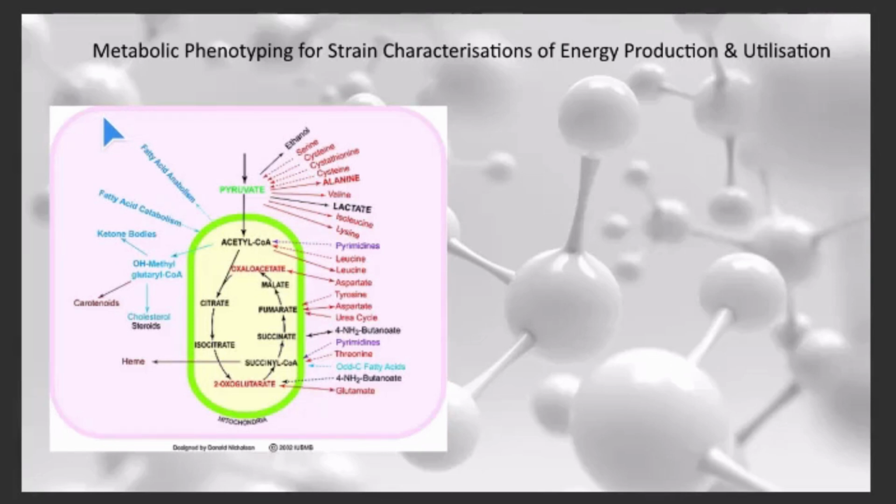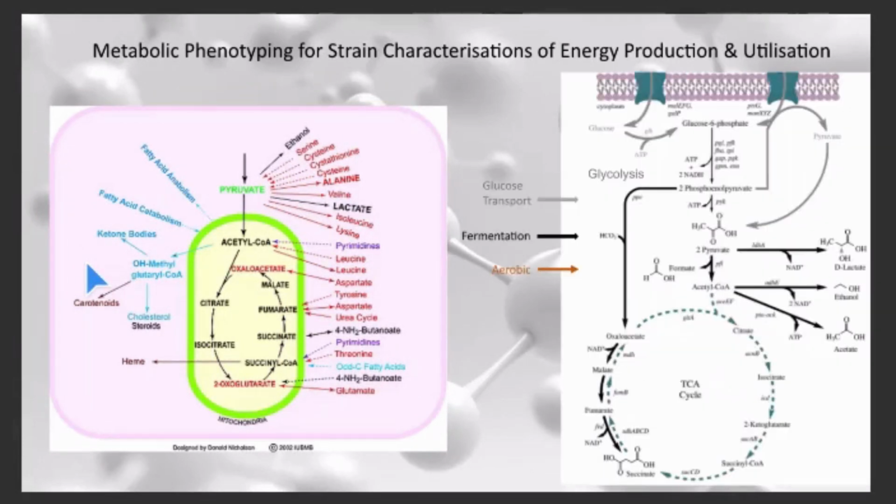A common area within microbial bioproduction is to try and optimize energy production. This can be one of the biggest expenses to your system's input. And in single cells, we know a lot about the simple pathways that go on, which are very tractable to metabolomics. And we can look at various parts in the process of something like energy production, where we may want to increase or perturb things to drive systems to either aerobic or anaerobic states.